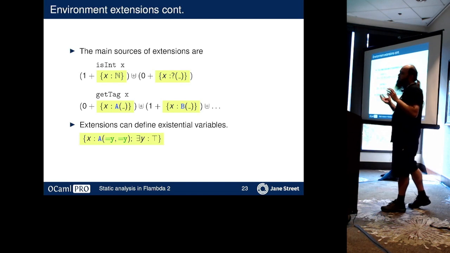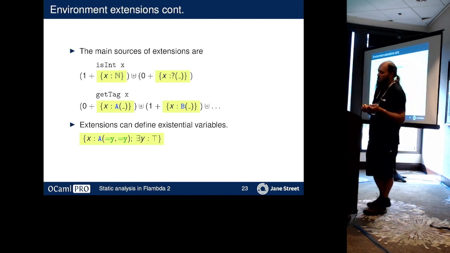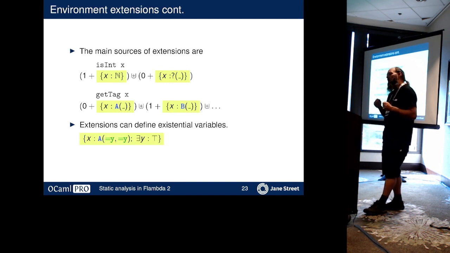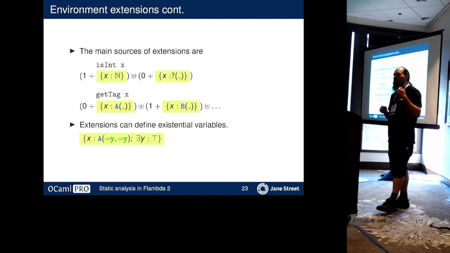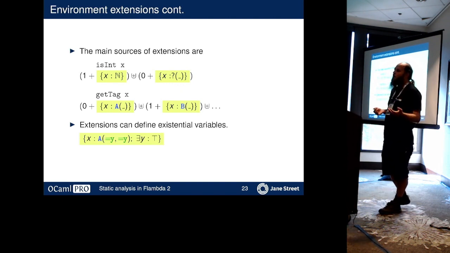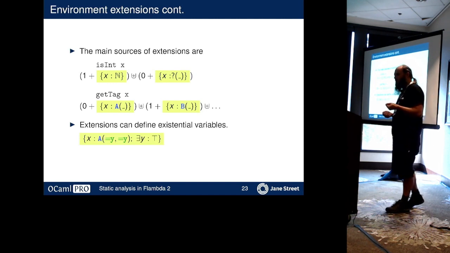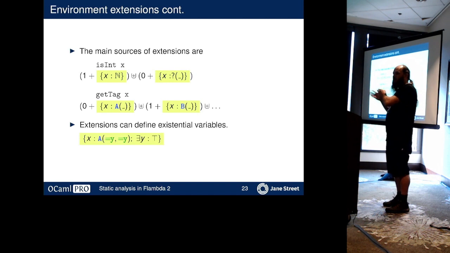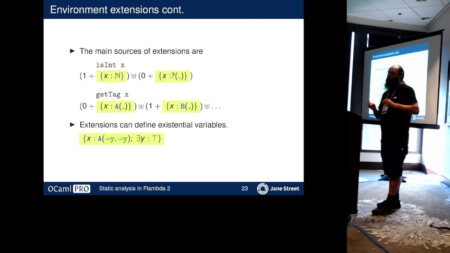So for instance, we can encode the isInt or getTag primitive in the compiler as an extension, and that's quite useful because that allows us to discover things about the value related to the value of a Boolean. The isInt primitive, isInt of x, tells you whether x is an integer or not. So you just create the value when you evaluate the primitive.